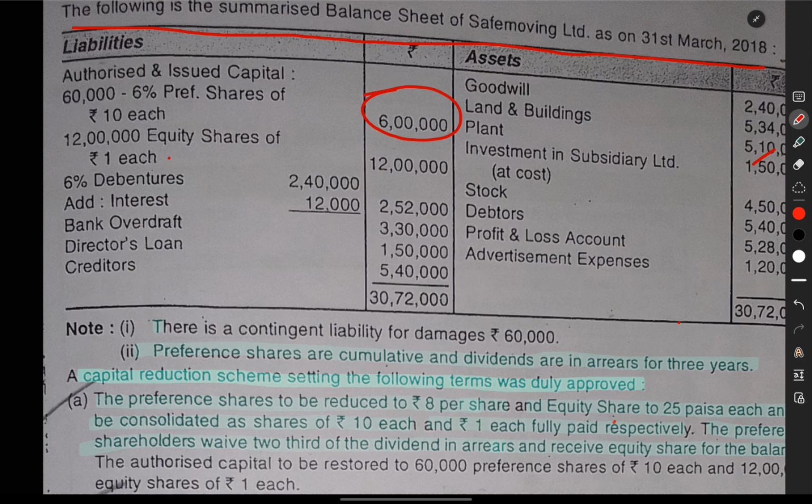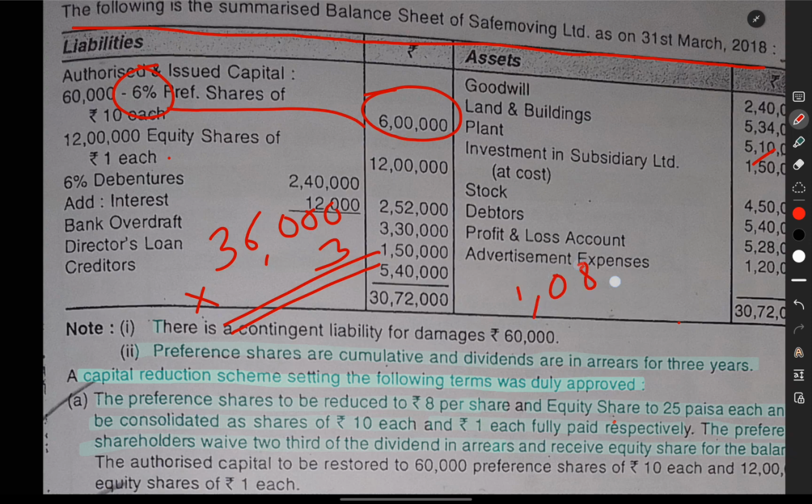So 6 lakhs into 6% equals 36,000. And the arrears of preference share dividend are for 3 years. So 36,000 into 3, we get 1,08,000. So our total dividend arrear is 1,08,000.